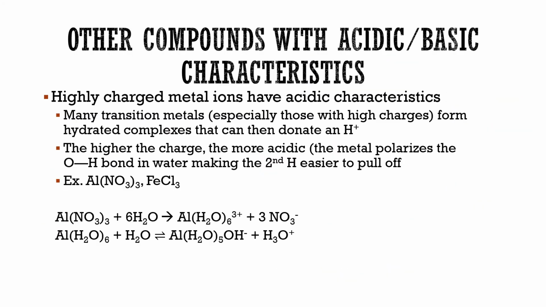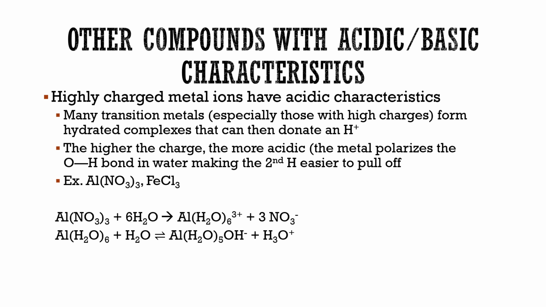Okay, so just a few other compounds that can have acidic or basic characteristics. Highly charged metal ions, meaning they have charges greater than +2. Many of these are transition metals. They can form a hydrated complex that will then allow them to donate a hydrogen.